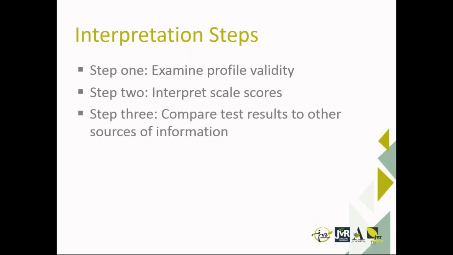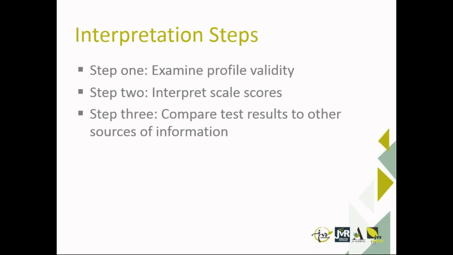Once you've interpreted the scale scores, you're going to compare the test results to other sources of information. Specifically when making decisions related to selection, or if you're helping people with career choices, it is recommended that the results be used to guide an interview or a feedback session, for the individual to come to a greater understanding, or for you to come to a greater understanding of the individual, and to either collate that information into a report or bring it out in a feedback session, depending on the situation.